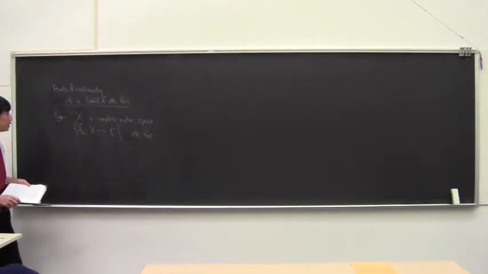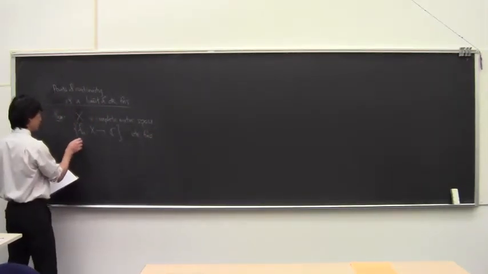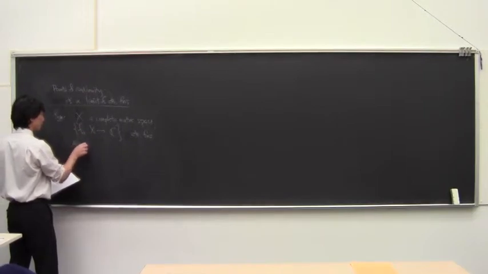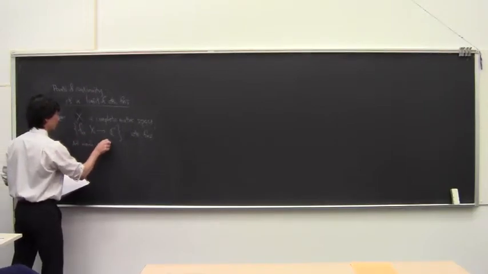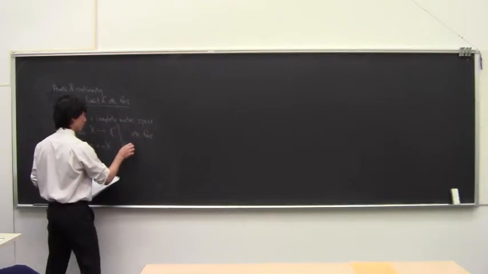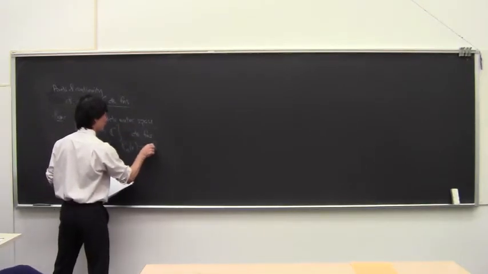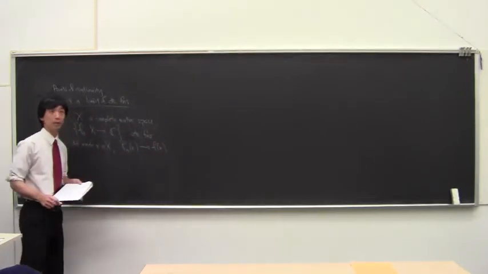You know that at each x, the limit exists. f_n converges to some function f of x.